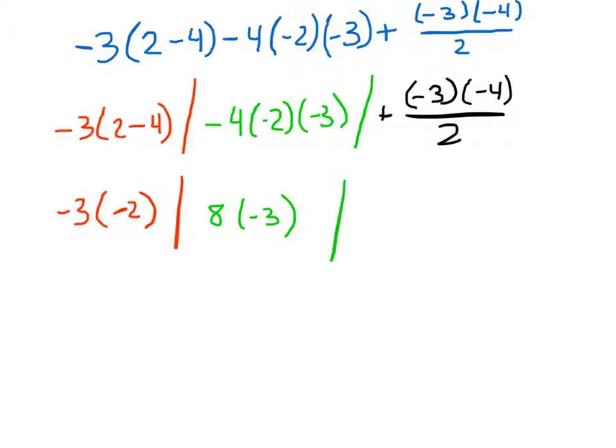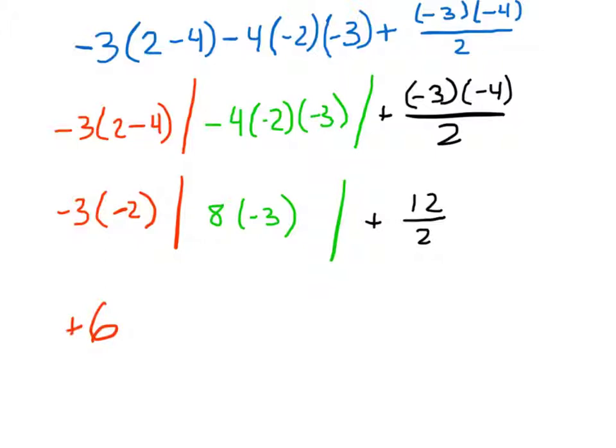Line over there, and then in the next part, again I've got a negative 3 times a negative 4 up there. So that's going to make a positive 12 divided by 2. Okay, now let's take it one step further. And here I've got a negative 3 times a negative 2, so that's going to be a positive 6.